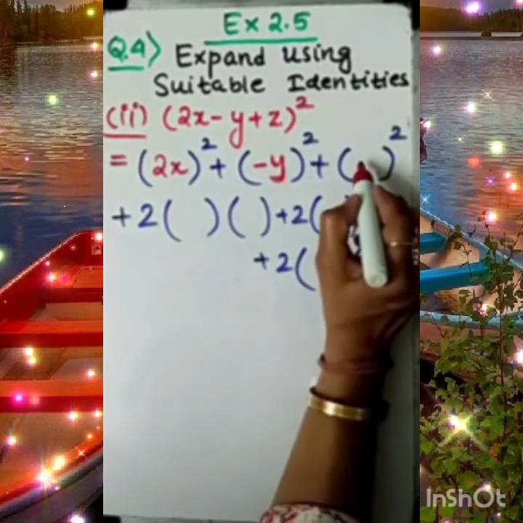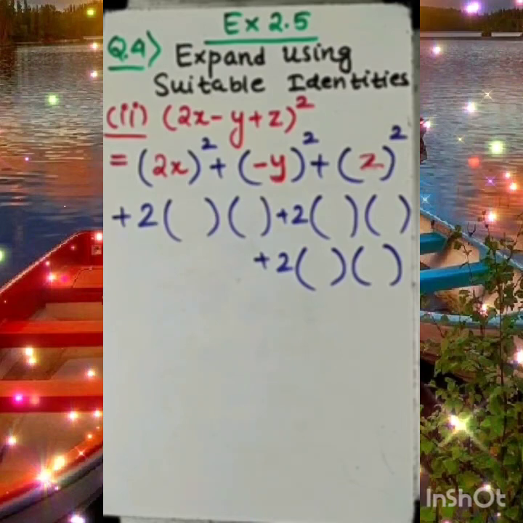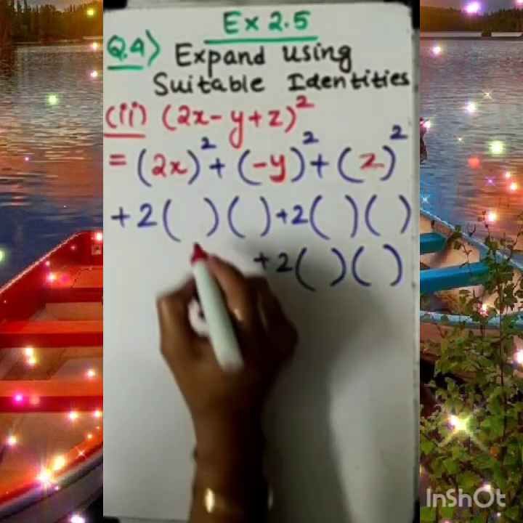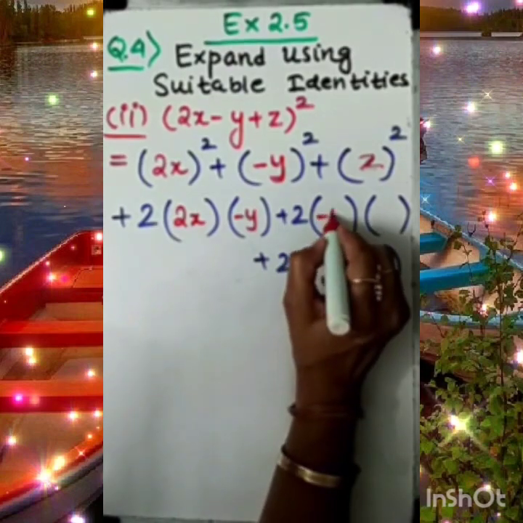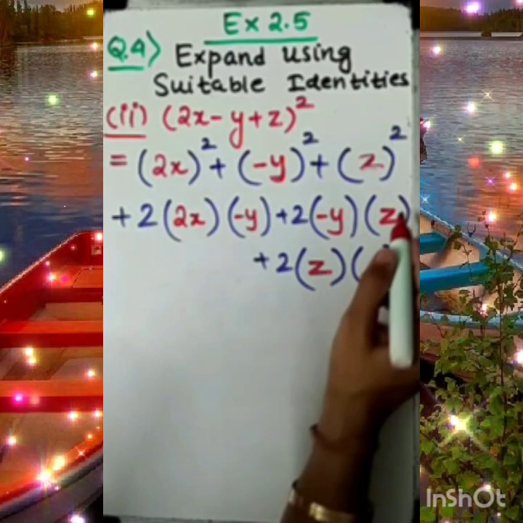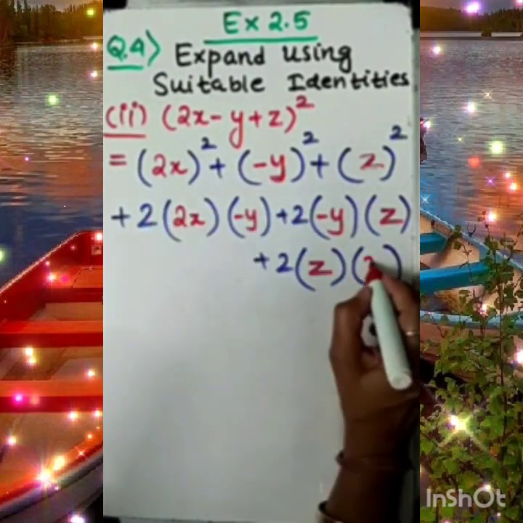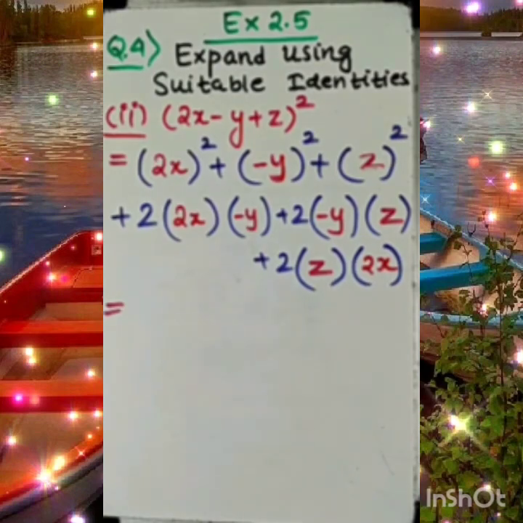Here it is positive, so let it be as it is, right? So dear student, the first term we know is 2x. So here first term into second term, second into third term, and here third term and first term. Very simple. Let's work out the next step.